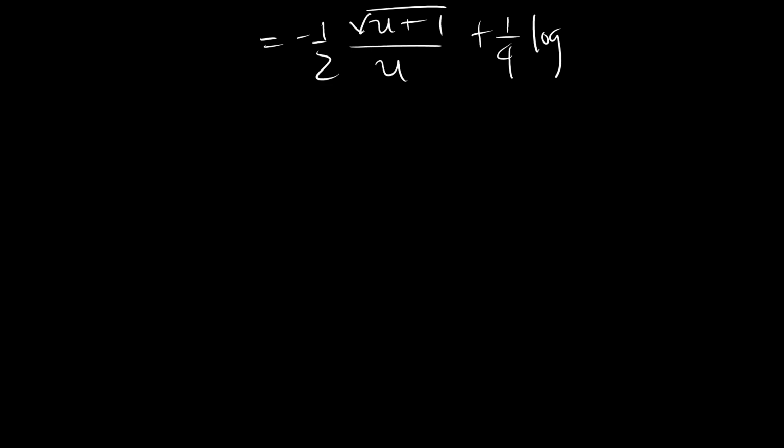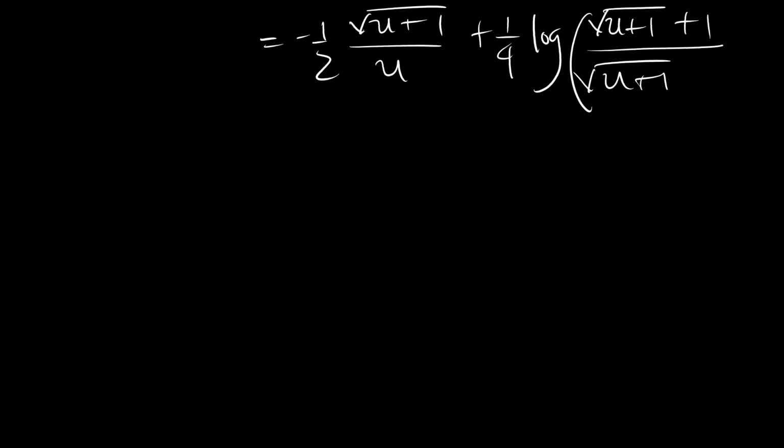So this is negative a half square root of u plus 1 over u plus a quarter natural logarithm of 1 plus 1 over u plus 1 minus 1 plus c.